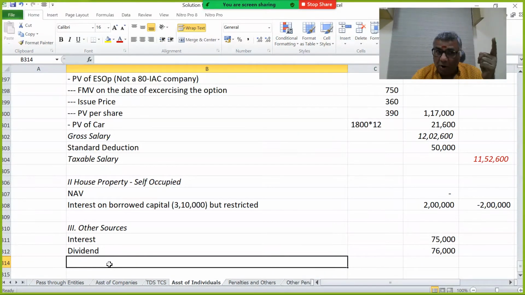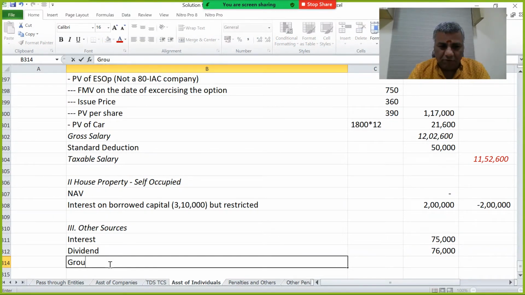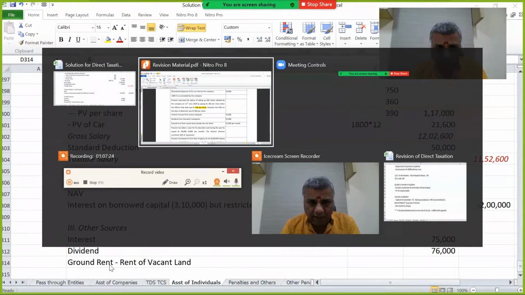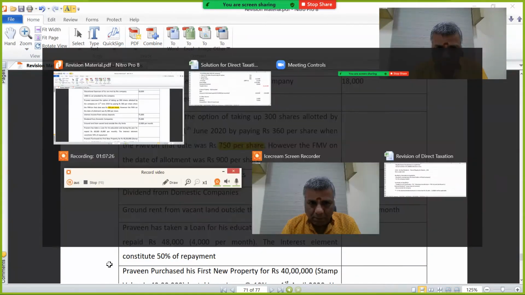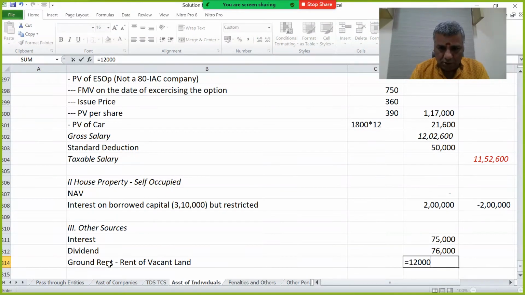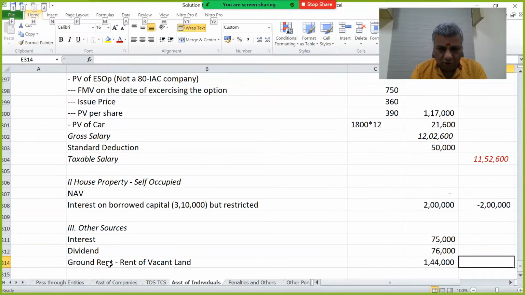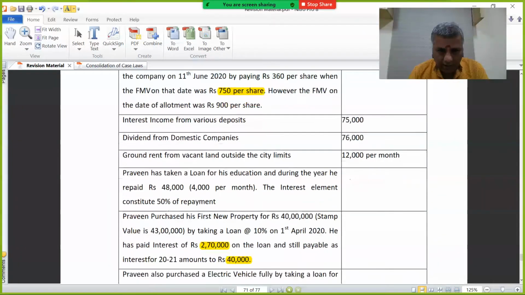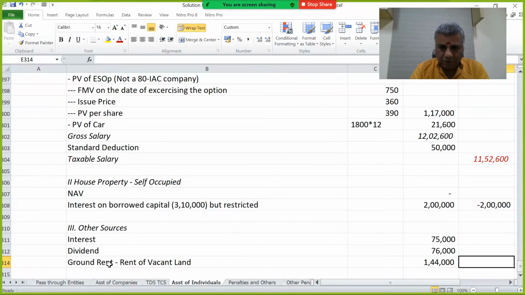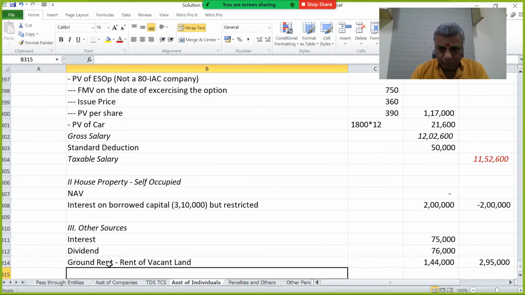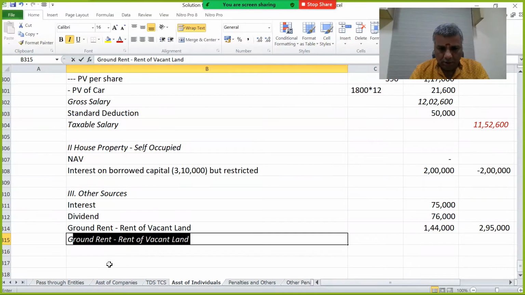Only rent of house property will come under the house property chapter. Ground rent means rent of vacant land. Ground rent of vacant land will come here only. It is coming to 12,000 per month. So 12,000 into 12, 1,44,000. Okay, after this, everything else is deductions. So gross total income.